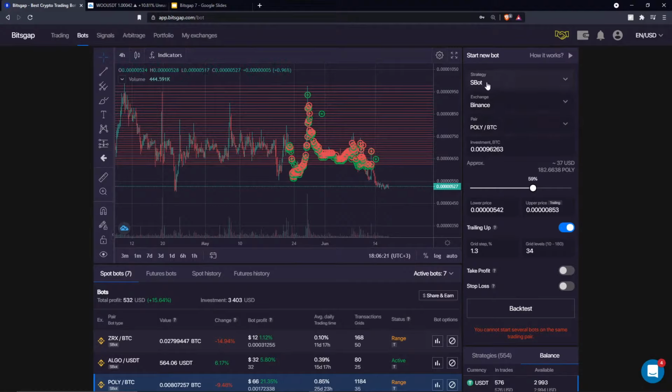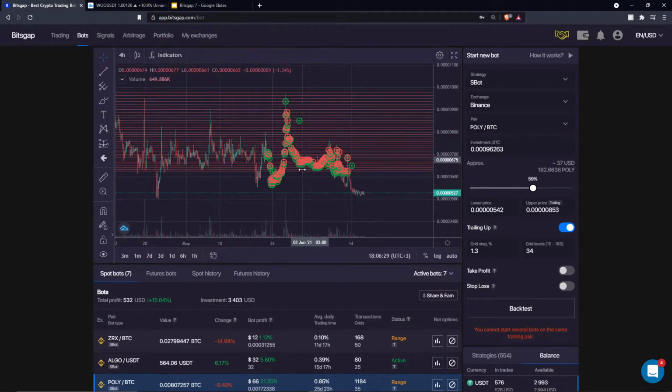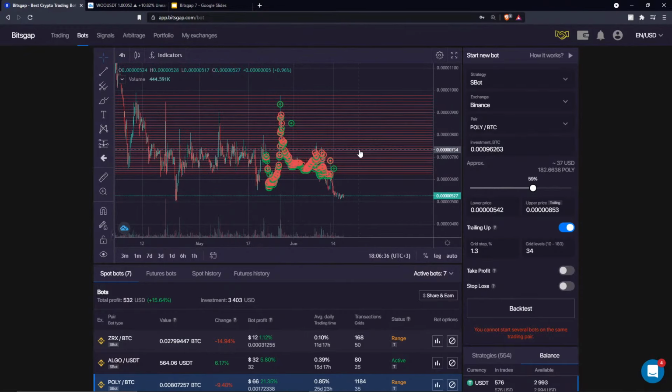And we know that for the sideways market we have the Azure bot, because it brings you the most money compared with the classic bot. So that's actually what I did on this particular market, because I see it's trading perfectly in the sideways market formation. So why not take the opportunity here?